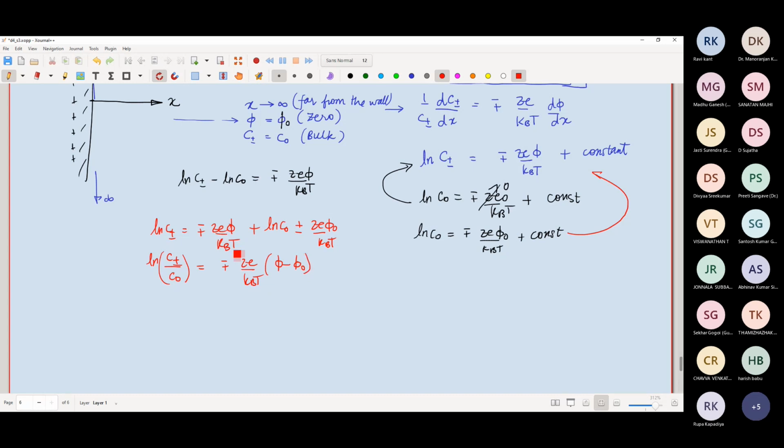We've just taken z e by kT common, and made use of the fact that log A minus log B is equal to log of A over B.